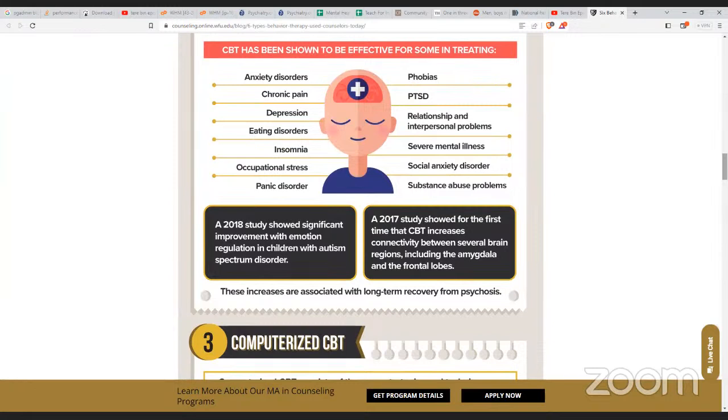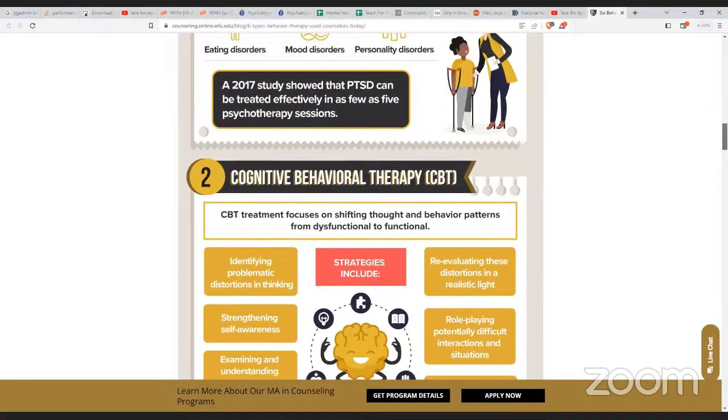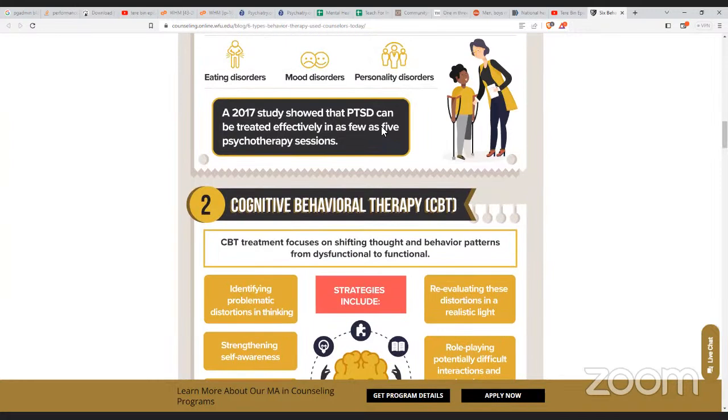Ma'am, autism is a bit questionable with CBT. Yeah, correct. And the PTSD one, efficacy in 5 sessions, is questionable as per my practice. Correct.